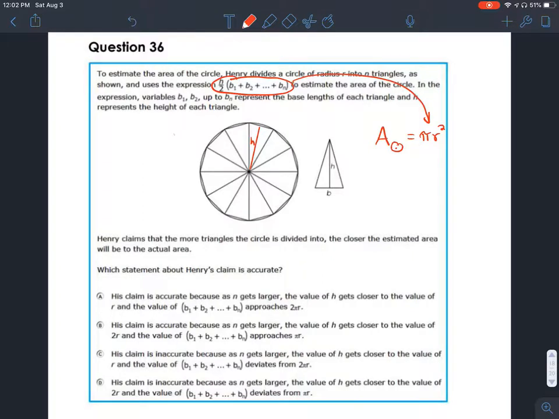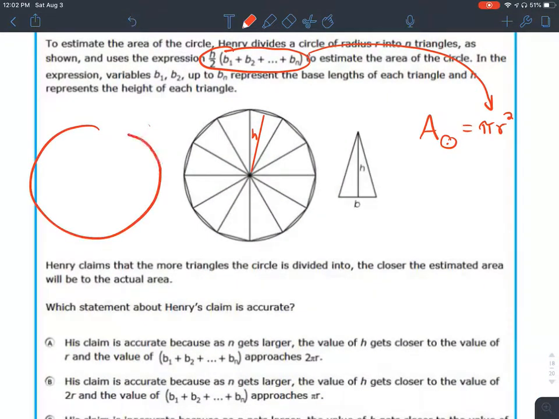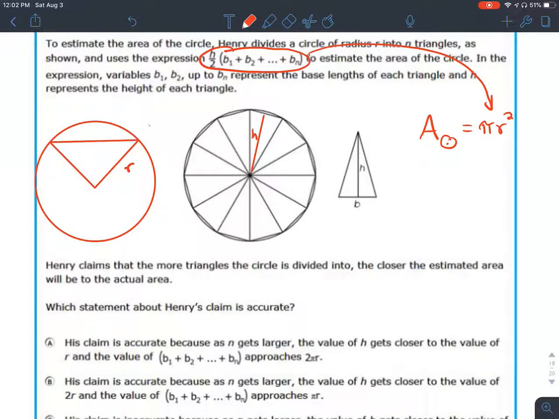A, his claim is accurate because as n gets larger, that's the number of triangles, the value of h gets closer to the value of r. So is that correct? Let's go back to this first picture that I drew. And let's just give a gross example of this triangle. This is the radius. This will be h.